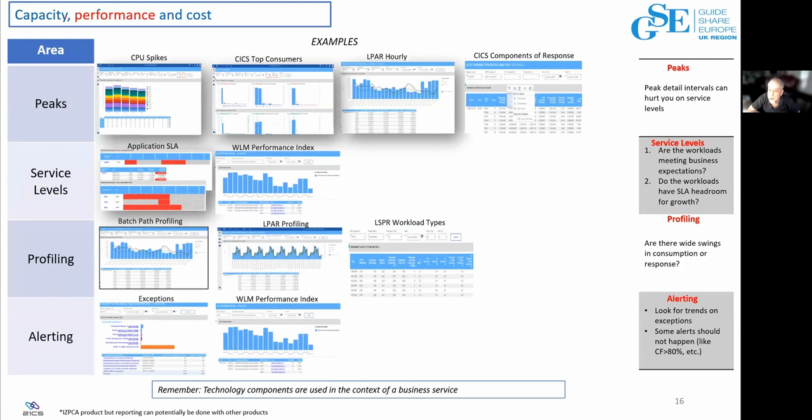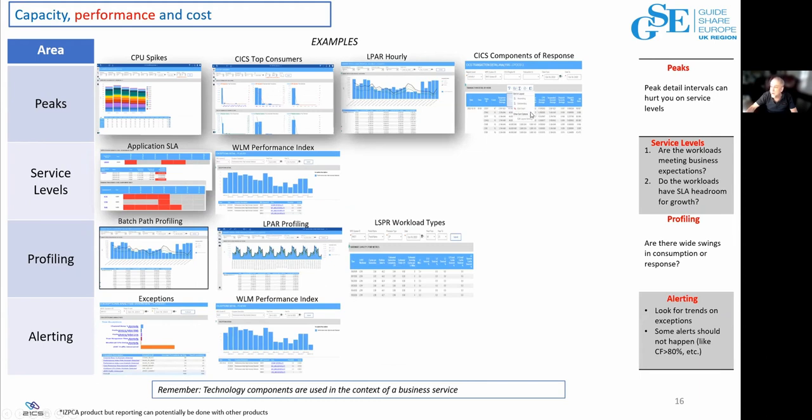In terms of service levels or performance, you have similar reports. You have top consumers. These top consumers, like in transactions, will be the ones you should focus on and make sure you understand the components of those. Any of the top consumers, being DB2 or batch.